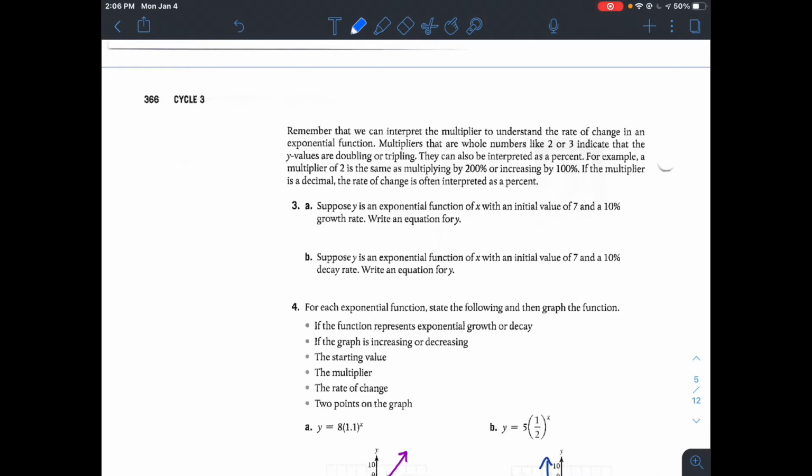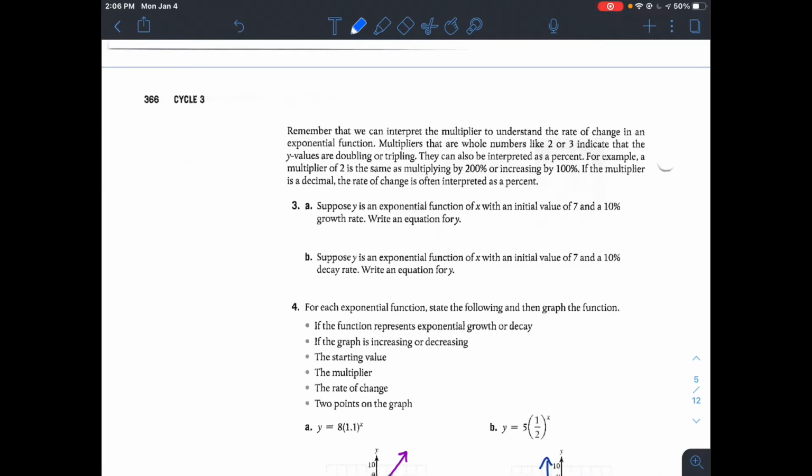They can also be interpreted as a percent. For example, the multiplier of 2 is the same thing as multiplying by 200%, or increasing by 100%. If the multiplier is a decimal, then the rate of change is often interpreted as a percent.